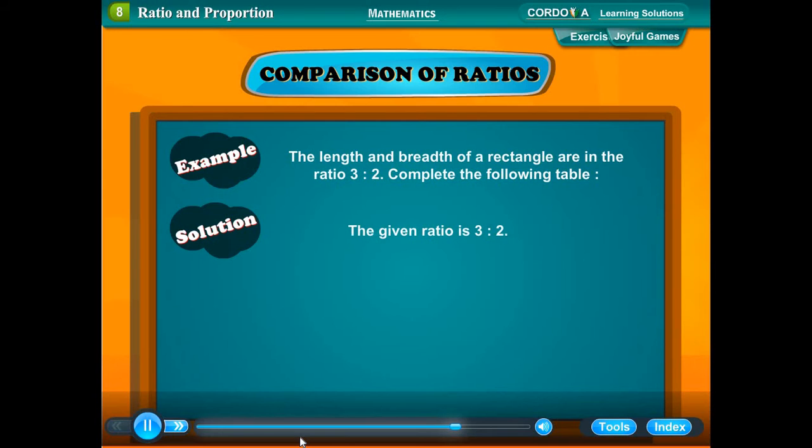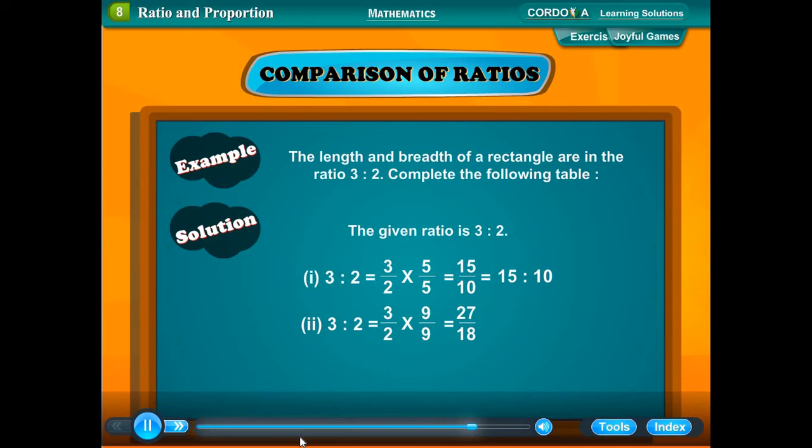Solution: the given ratio is 3:2. 1. 3:2 is equal to 3 upon 2 into 5 upon 5, which is equal to 15 upon 10, which is equal to 15:10. 2. 3:2 is equal to 3 upon 2 into 9 upon 9, which is equal to 27 upon 18, which is equal to 27:18.